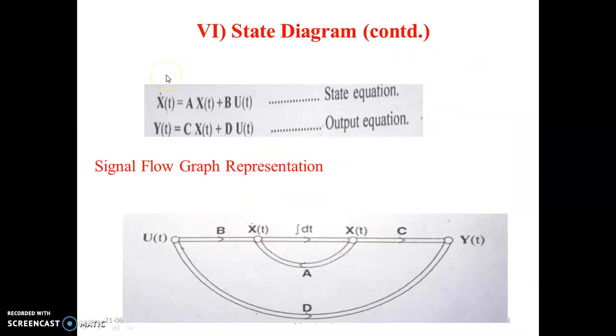The same block diagram can be converted into signal flow graph, and signal flow graph can be converted into block diagram as we studied in the first unit. Now, the state diagram can be represented by means of signal flow graph representation. Construct the nodes.